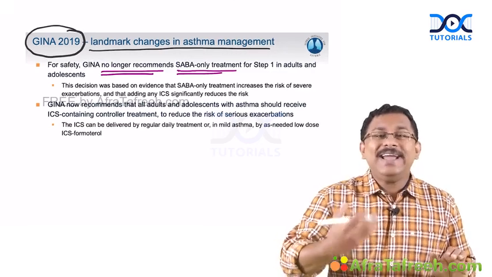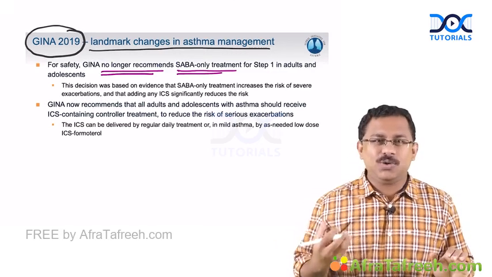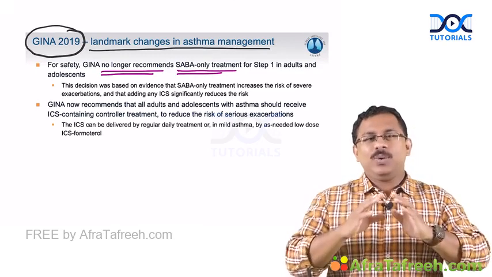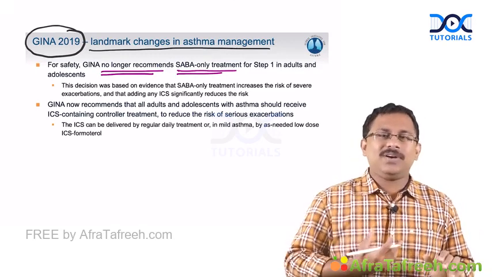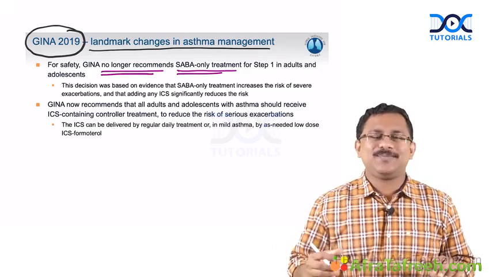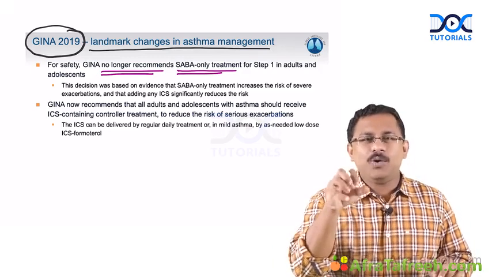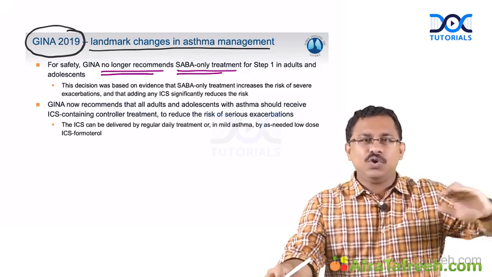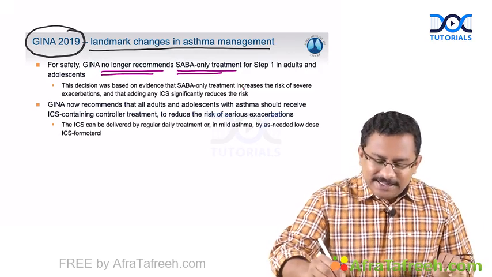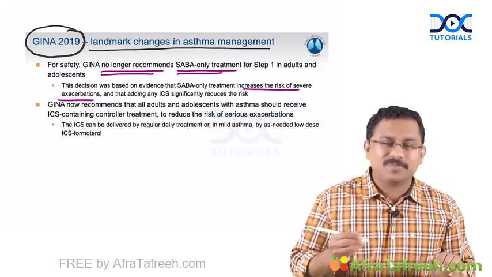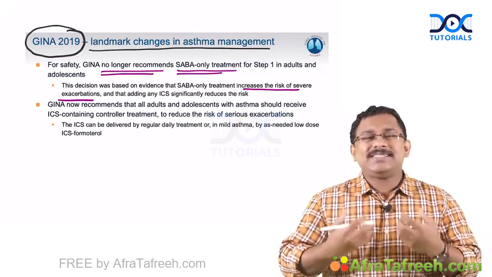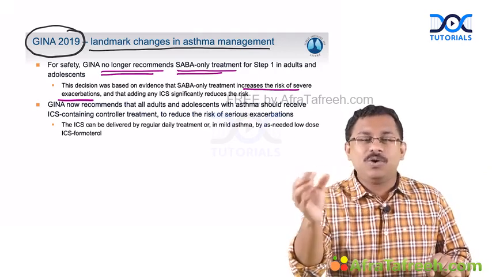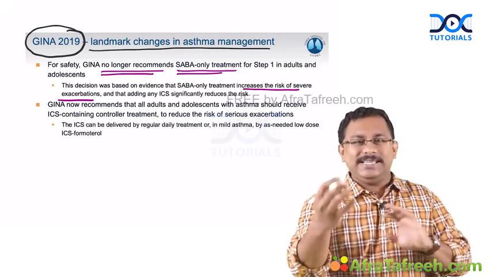Okay, now why did this decision actually come? Because it was seen, in various randomized control trials, that when you go for a SABA only treatment, which was the practice that was preferred for so long, there is an increased risk of exacerbations. Okay, so there was an increased risk of further exacerbations when you gave SABA only without an ICS.